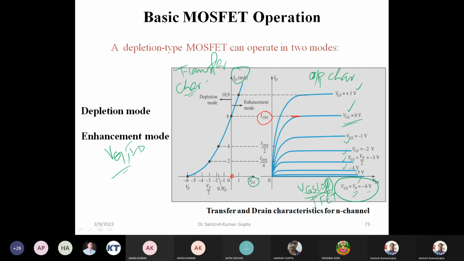If we apply a larger gate voltage, say 1 volt here, the current is seen to be this much. Whereas if we apply a lower gate voltage, say -1 volt, then there is some other current corresponding to this, or even other voltages here, we have some other values of the current.